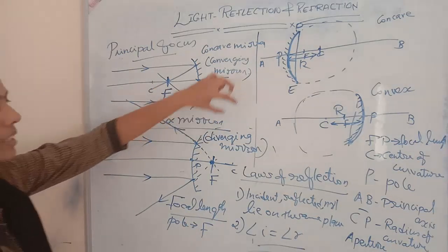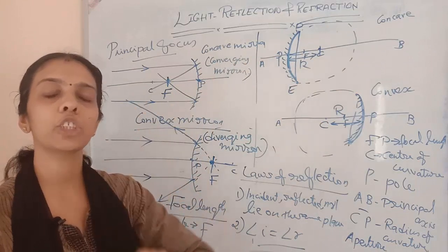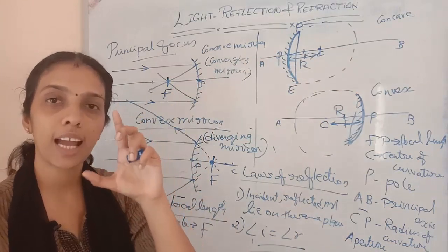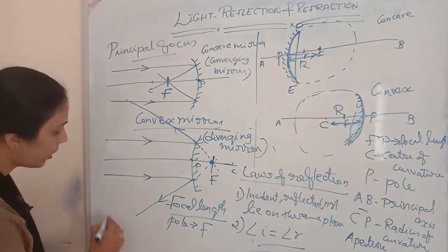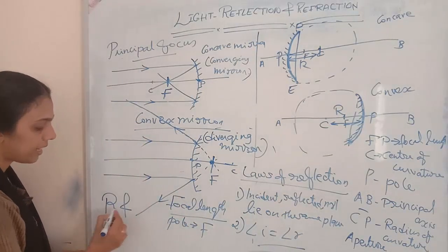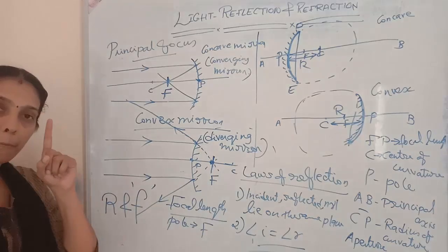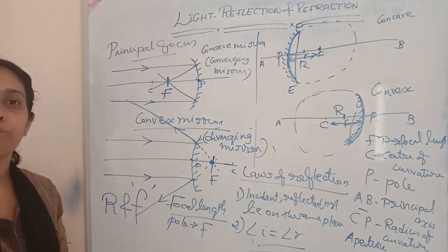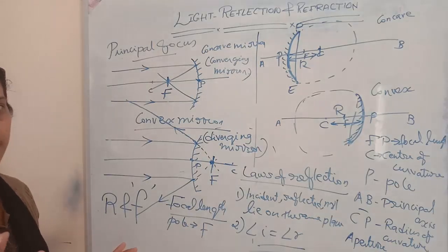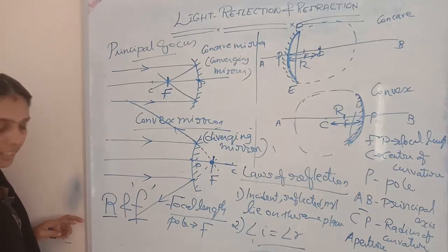Okay, so now we learned about the radius of curvature and principal focus. There is a connection between radius of curvature and principal focus or focal length. What is the relation connecting radius of curvature and focal length f? Capital letter F for principal focus and small letter f for focal length. Next is the connection between R and f.